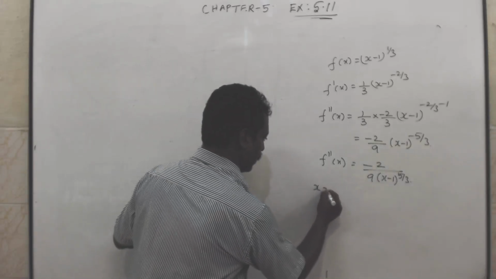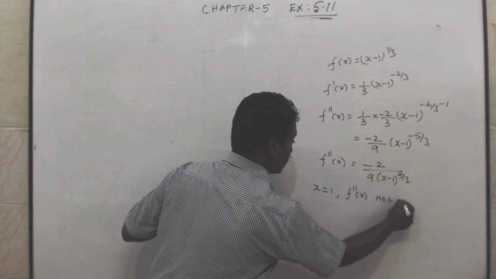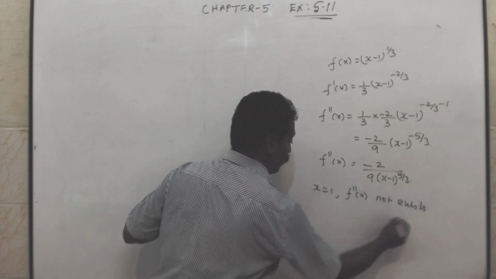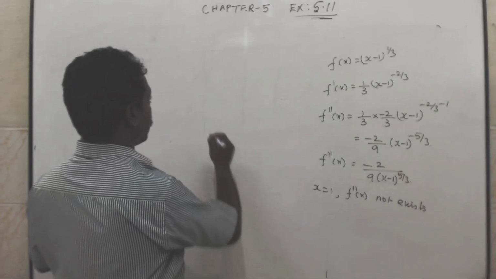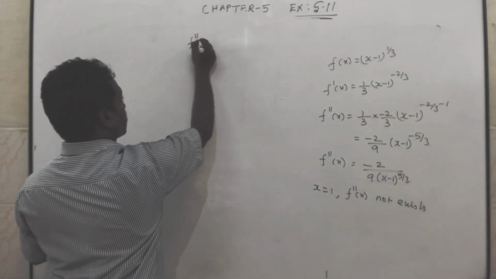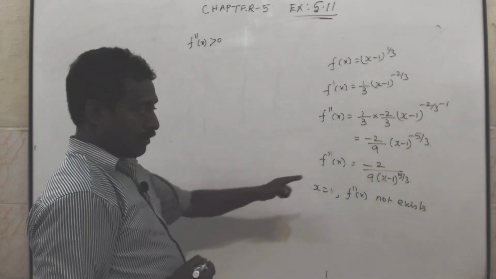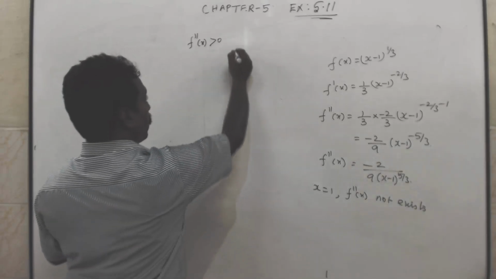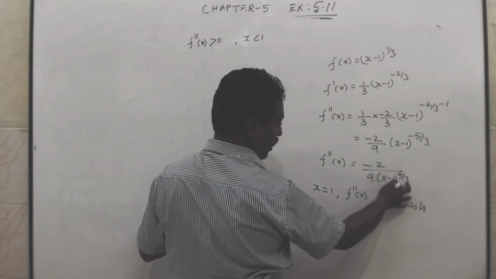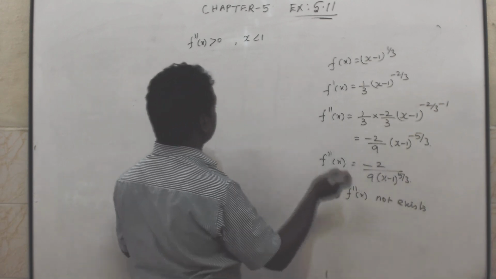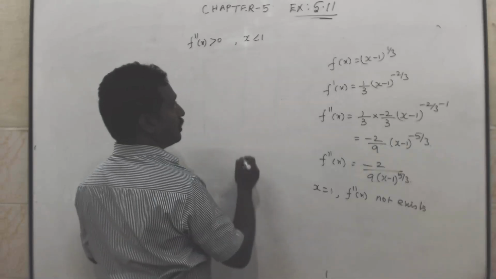So we have to verify x less than 1 and x greater than 1. f double dash of x is greater than 0 when we put x less than 1: 0 minus 1 is minus, minus 1 power odd number is minus, and minus by minus is plus. f double dash of x greater than 0 when x less than 1.